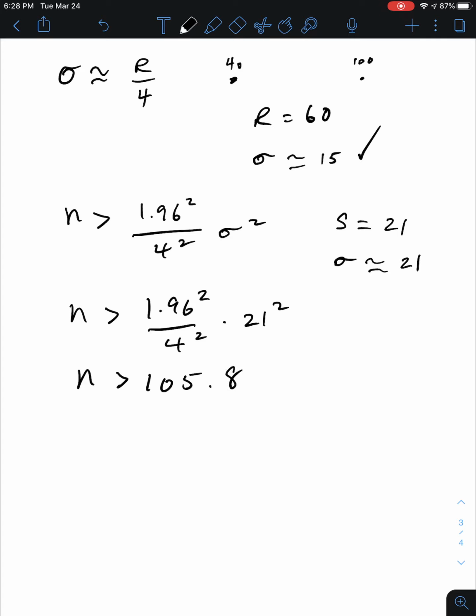So that is what we call a lower bound for n. That is the lowest value of n which is going to give us the information that we need, which is an estimate, a confidence interval for the mean yield of this chemical process.